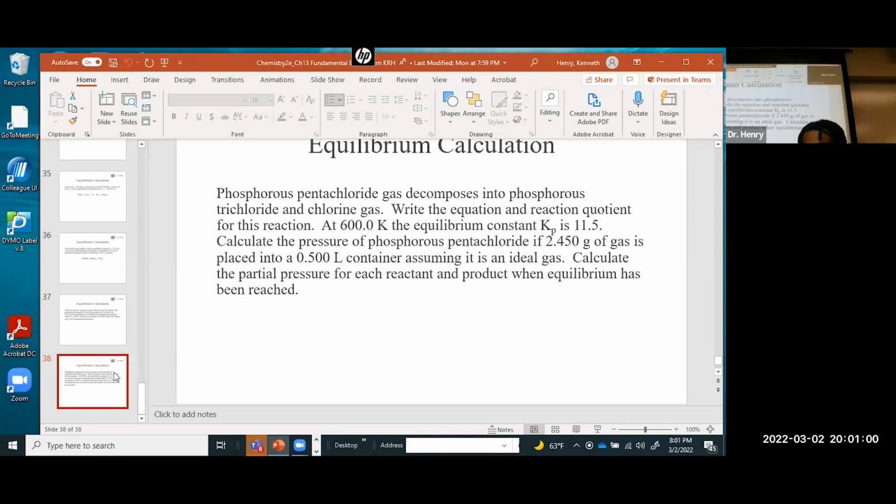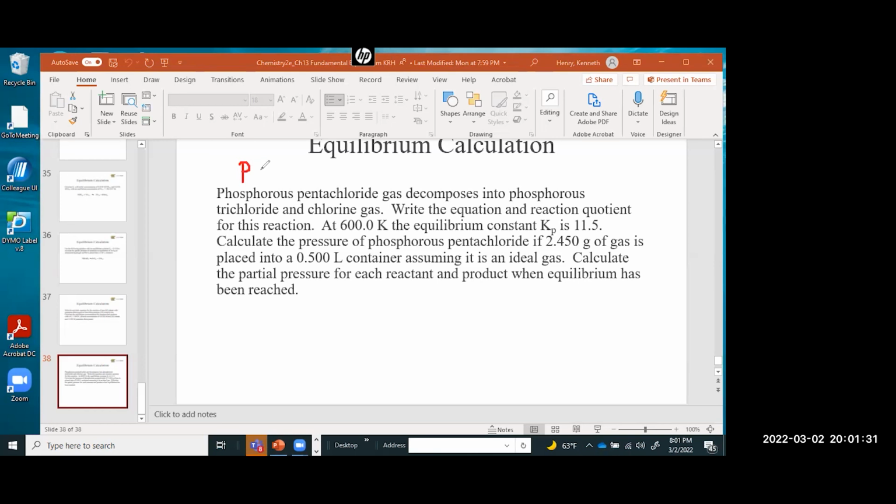Calculate the partial pressure for each of the reactants and products when equilibrium has been reached. Okay, what are we going to do? Write the chemical equation. So, phosphorus pentachloride gas. What does that look like? PCl5.